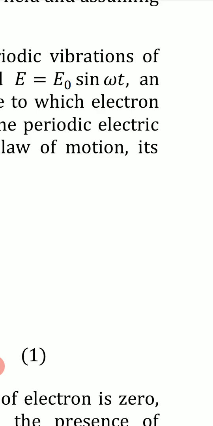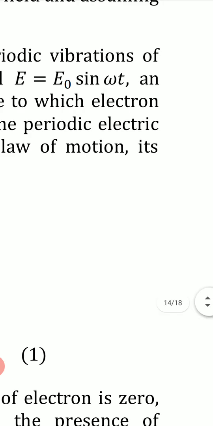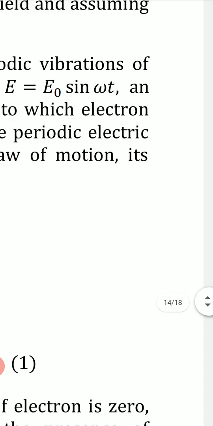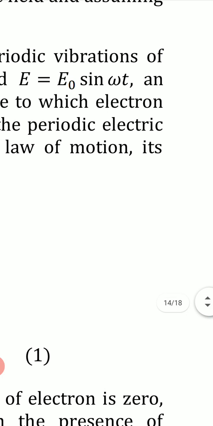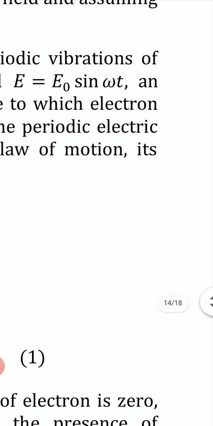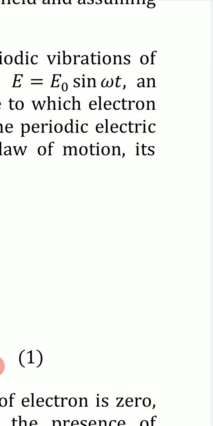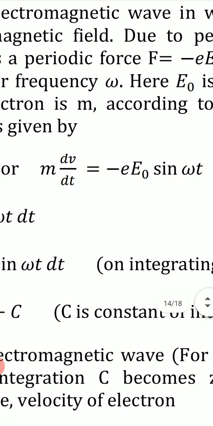E0 is the amplitude and omega is angular frequency. If f is frequency, then angular frequency omega is 2 pi f. So, periodic vibrations of electric field are given by this formula E equal to E0 sin omega t.